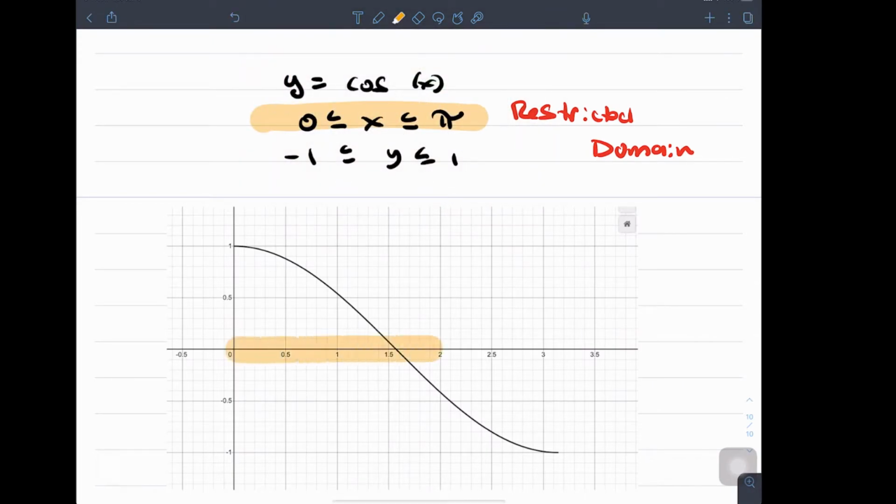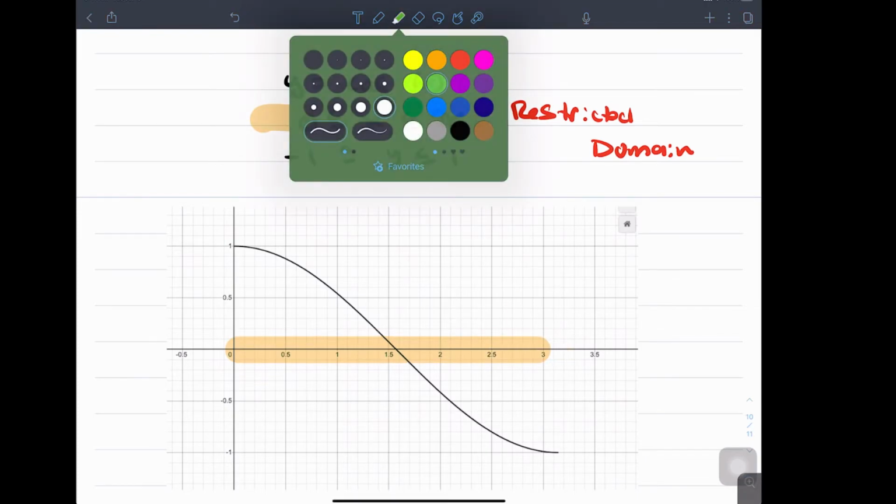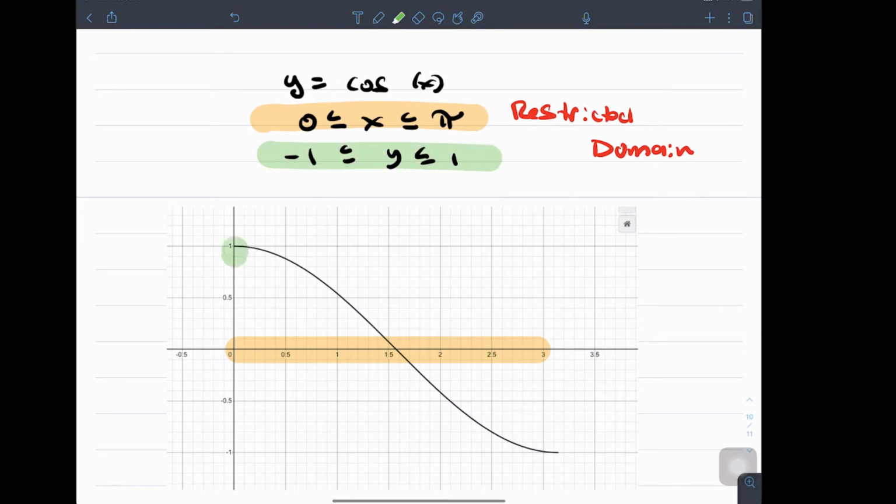Right in here. Notice your range still is between -1 and +1. All right, you guys okay with that? So it's 1-to-1. We can invert it.